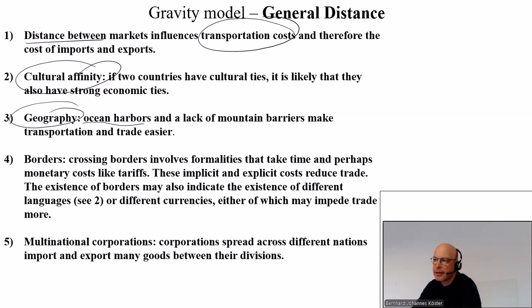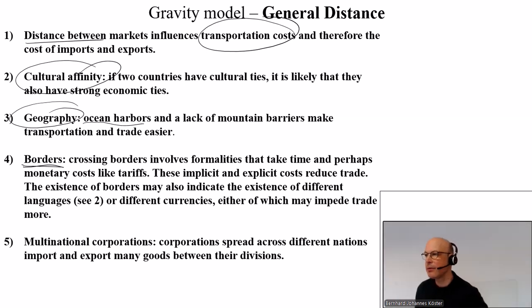Think, for example, trade relations between Germany and Italy. Italy is almost a neighbor. There's also only this small part of Austria in between, but there is, of course, the mountains of the Alps, and there you cannot go that easy over. And then are, in general, borders.